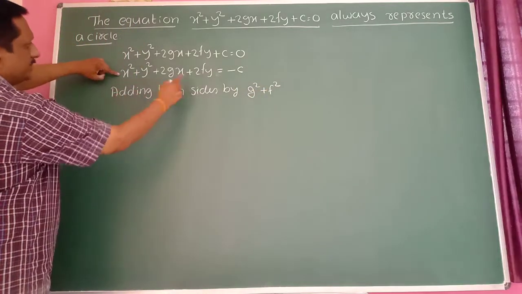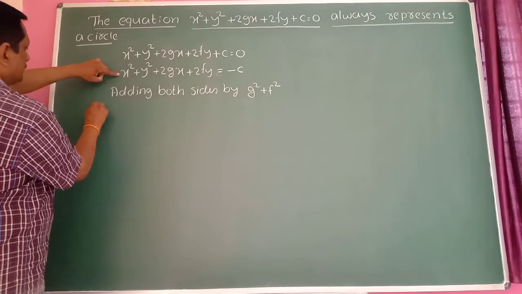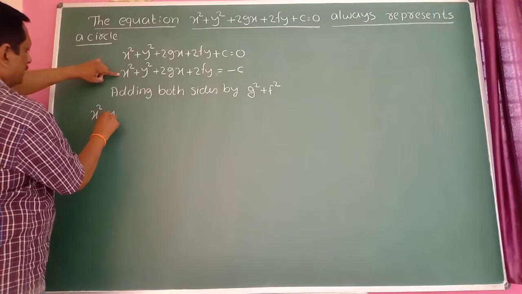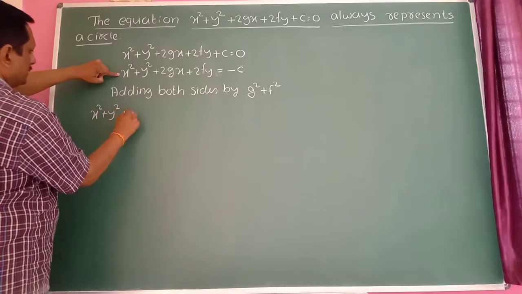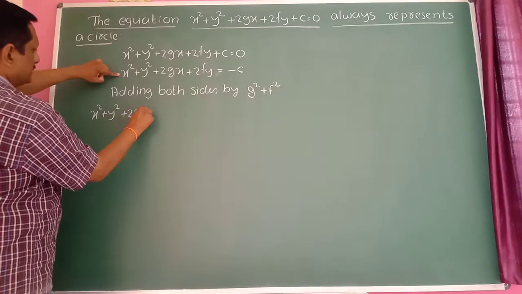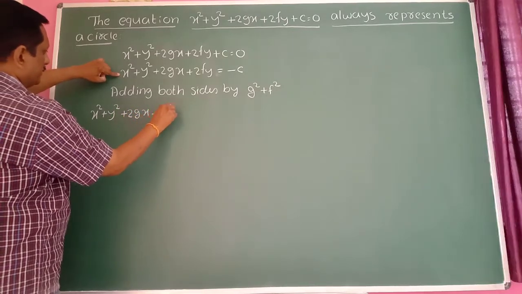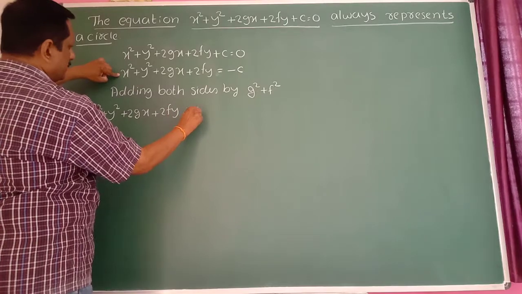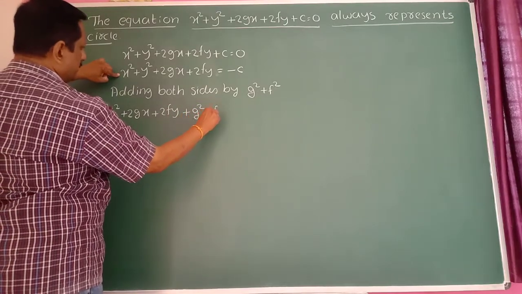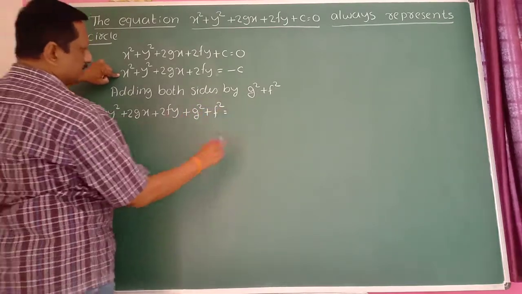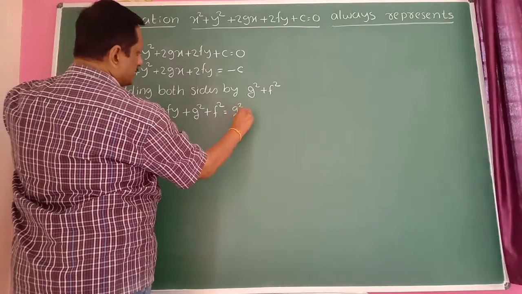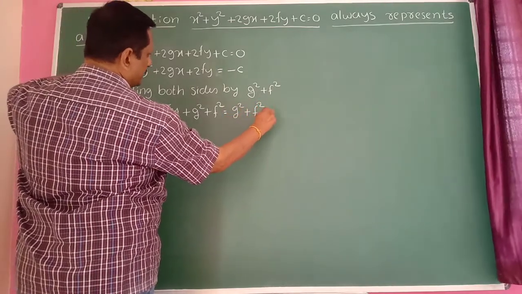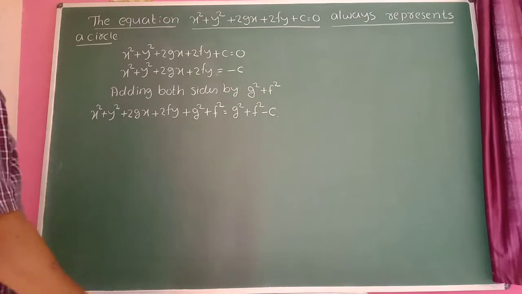Write the left side terms as they are: x square plus y square plus 2gx plus 2fy plus g square plus f square is equal to g square plus f square minus c.